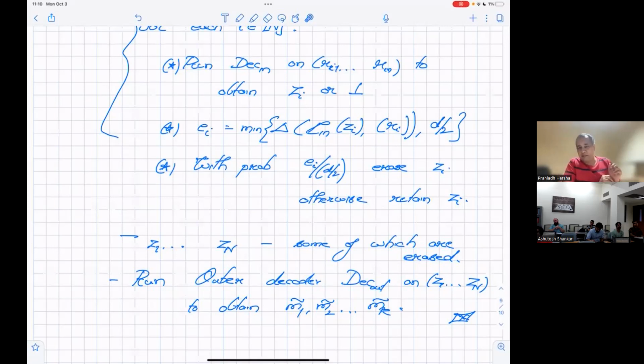We'll analyze this in the next lecture, and we'll also show how the randomness can be completely removed from this. Any questions on the algorithm? We'll defer the analysis to next lecture. So we'll recall the algorithm and do the analysis in the next lecture.